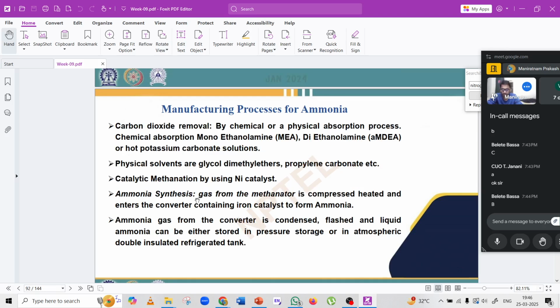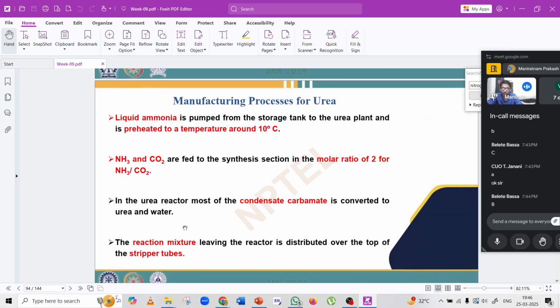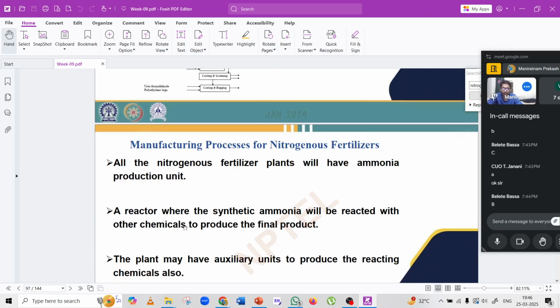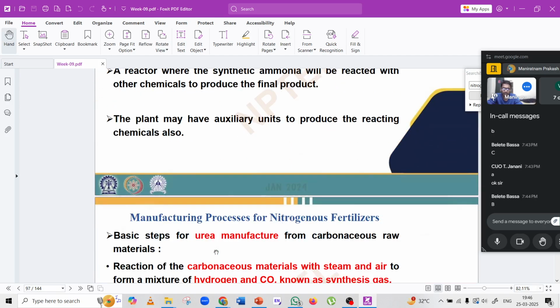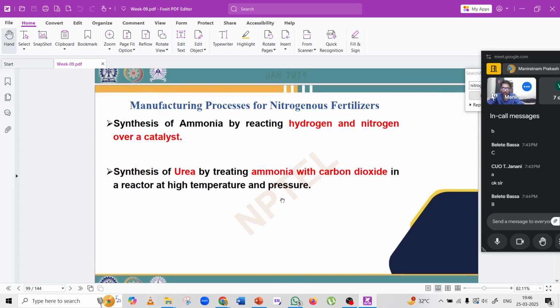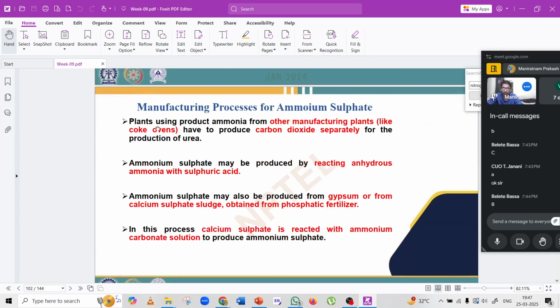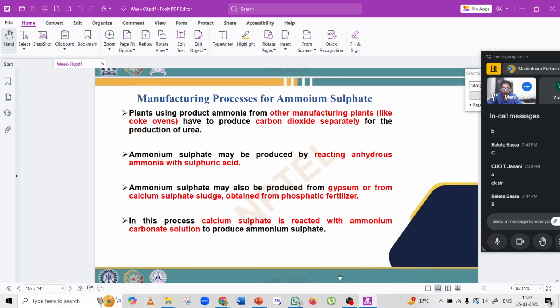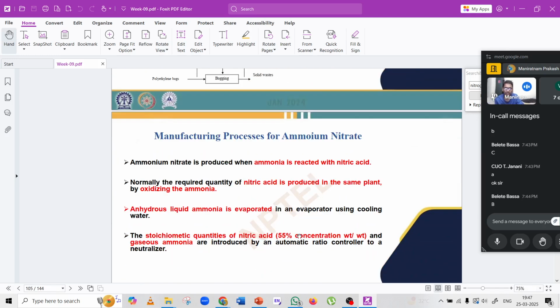Firstly H2S, then liquid nitrogen is pumped into the... See, but you can see that ammonium sulfate or ammonium chloride, ammonium nitrate itself is a different thing that has nothing to do with this.